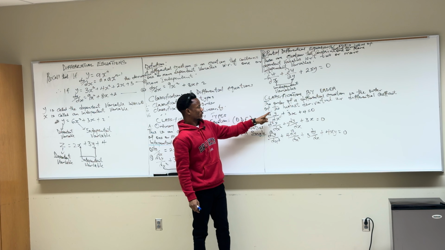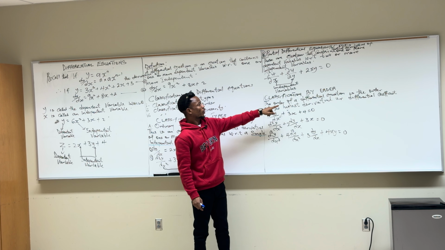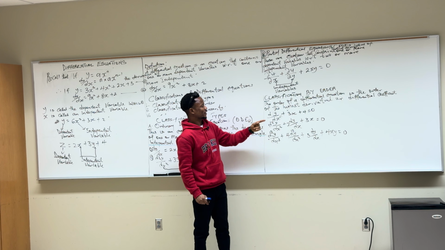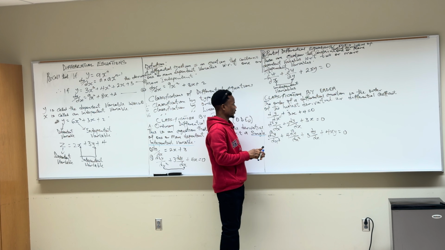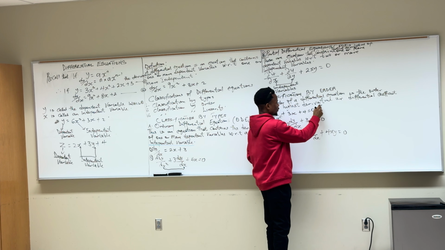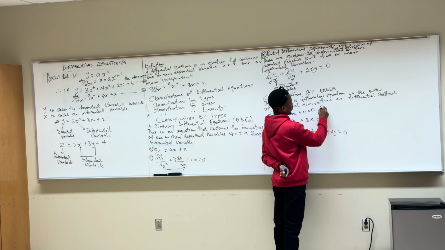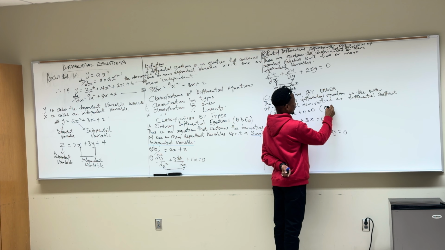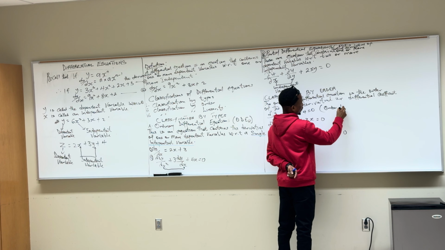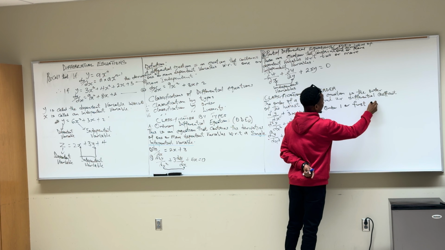The first thing you have to do is to look at this. It says the order of a differential equation is the order of the highest derivative. So the highest derivative here is 1. So this particular equation is a differential equation of order 1, or you say first order.